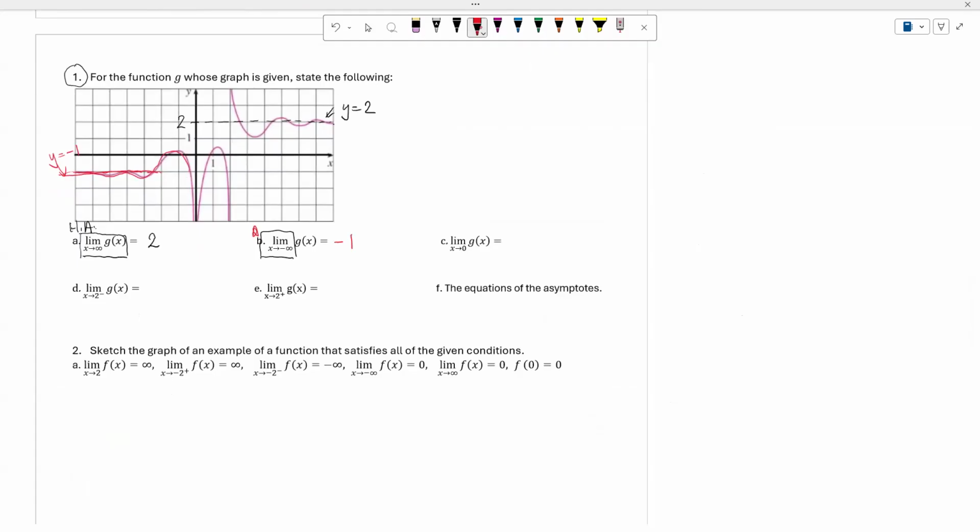Then let's check the next one. As x approaches 0, without a positive or negative sign, we are looking at both from the left and from the right. And x equal to 0 is this line. You will see that from the left and from the right, the output is getting bigger and bigger on the negative side, so my answer would be negative infinity.